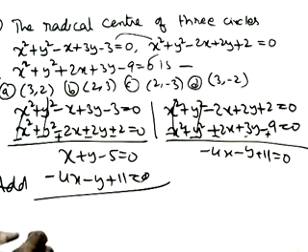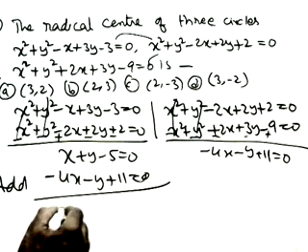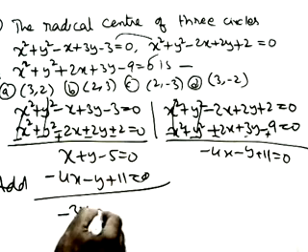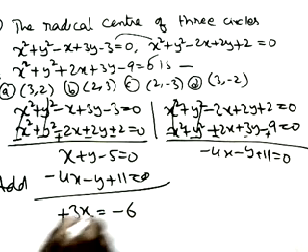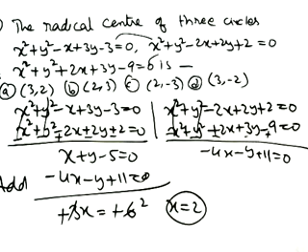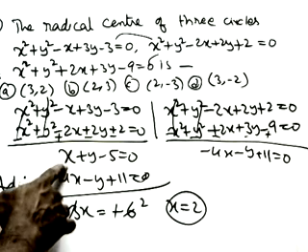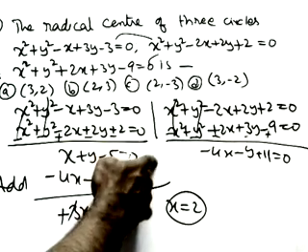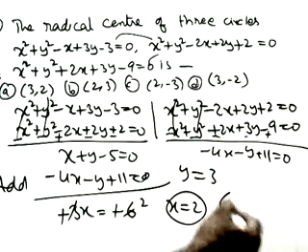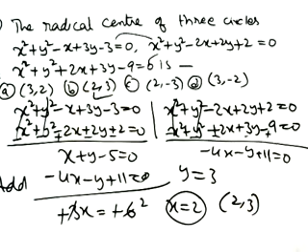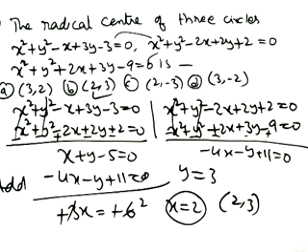You add this one, solving this one, plus y minus y cancel. x minus 4x is minus 3x, plus 11 minus 5, 6. Bring that on the other side, minus 6. Minus minus cancel, x equals to 2. Now substitute x equals 2 here. 2 minus 5 minus 3. Bring that minus 3 on the other side, plus 3, y equals to 3. So the radical center is 2 comma 3.